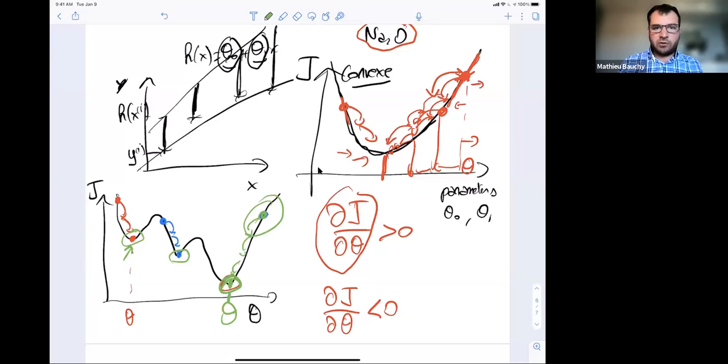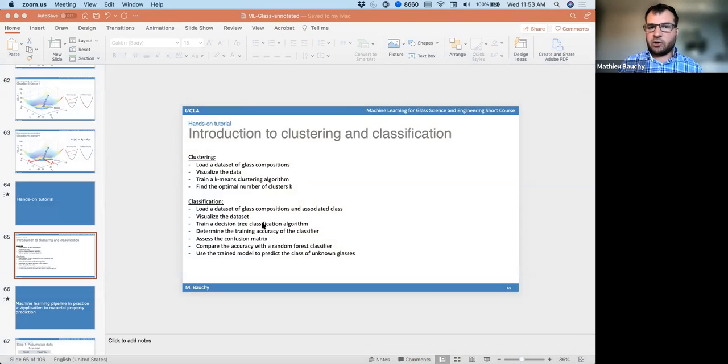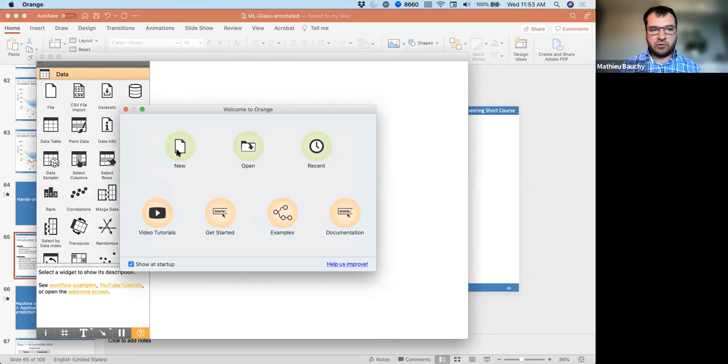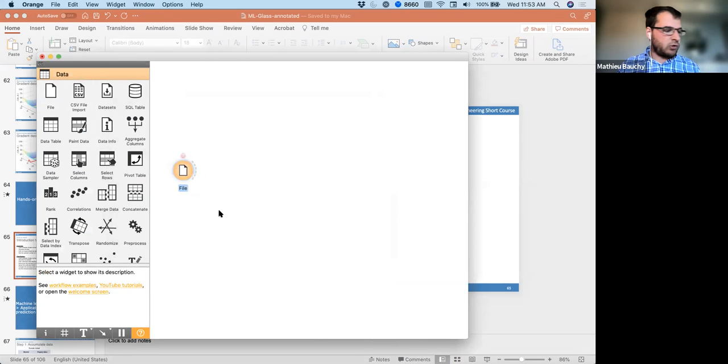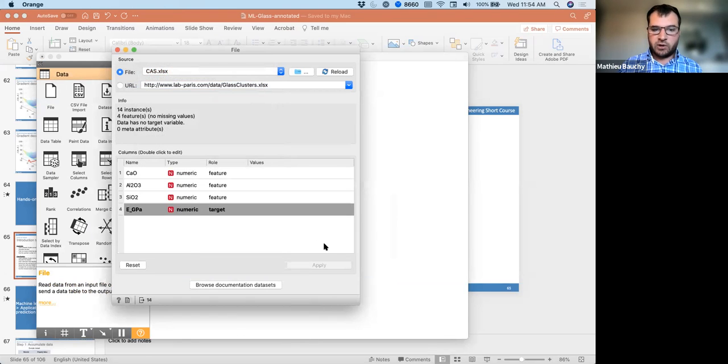What we tried to do yesterday is to consider a data set of calcium aluminosilicate glasses, a data set for which you have several calcium aluminosilicate glasses, and you wanted to find a new feature that can best describe the modulus of those glasses.